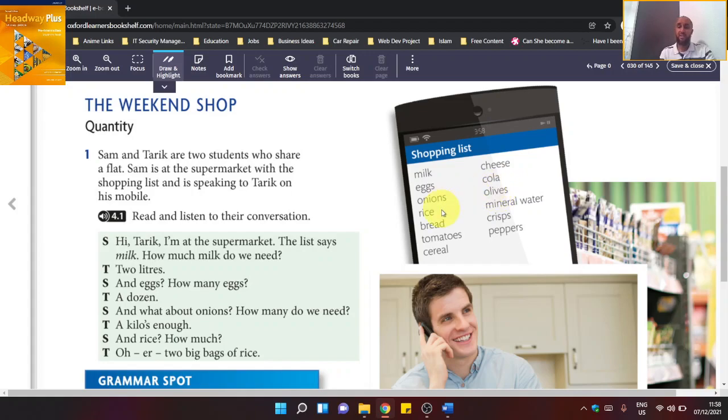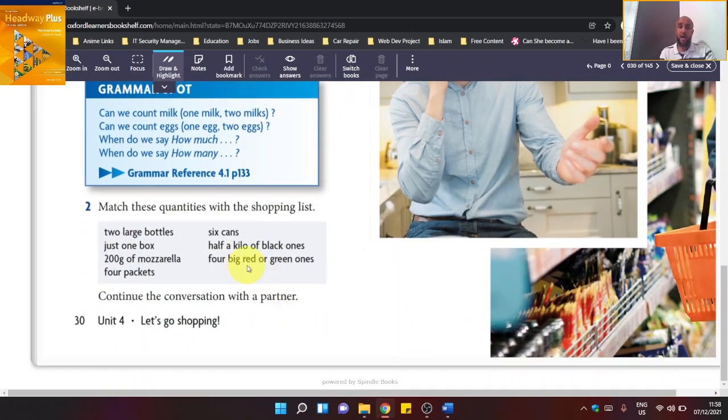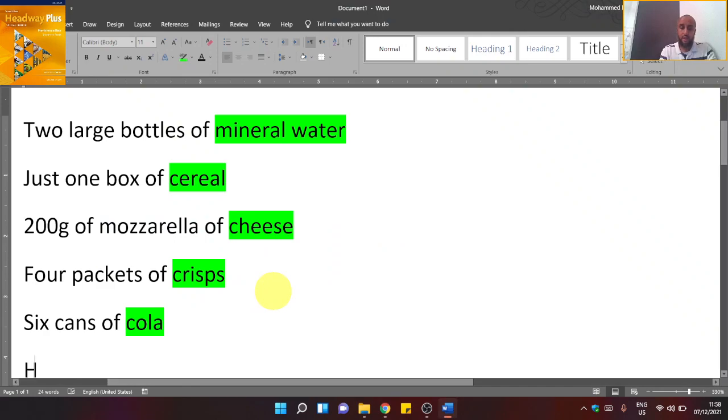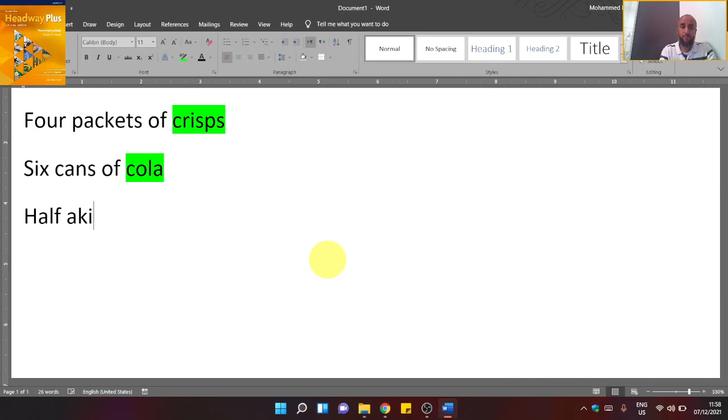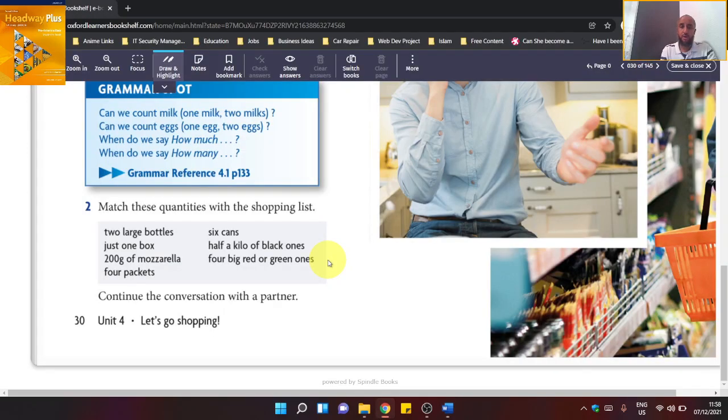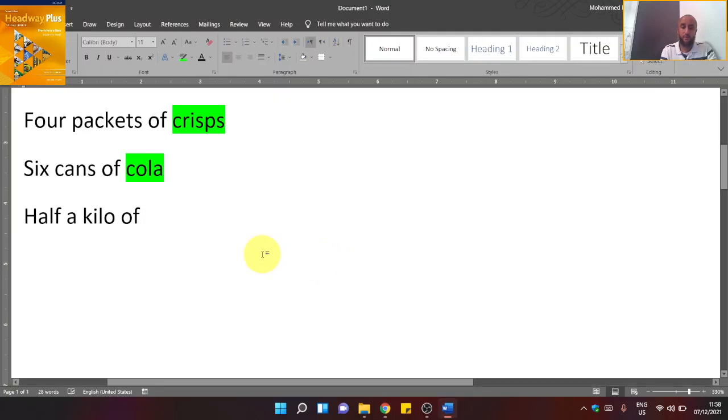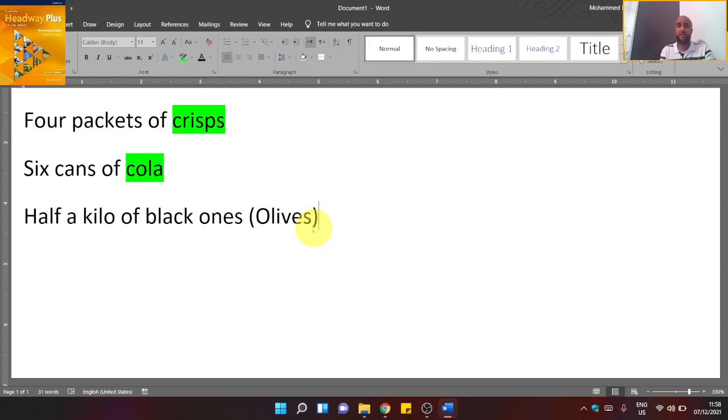So we can say half a kilo of black ones. Here they're talking about, of course, olives. Let me highlight that. Good.